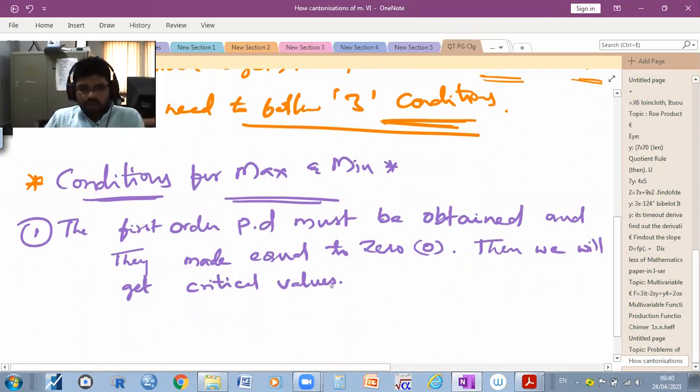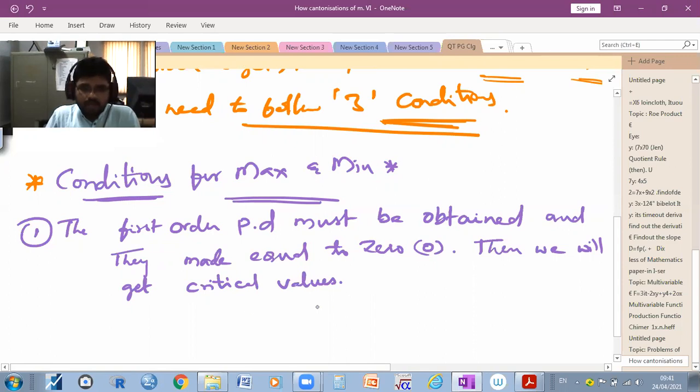Nothing but we need to find the first order partial derivatives, zx or zy, like that. We need to derive the results and make them equal to 0. Whatever we get, we set equal to 0. Then we will get the critical values.